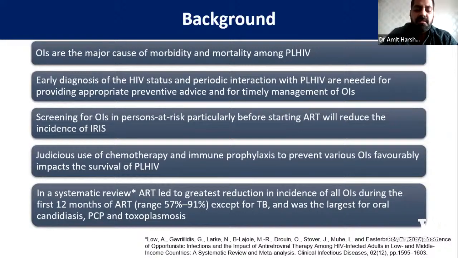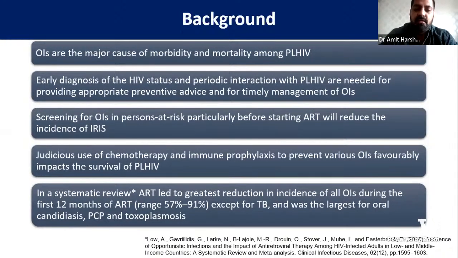And also, it is important to note here that what we have seen over the period of time, looking at the data, is that the mortality pattern is almost getting plateaued, and a lot of push is required to further reduce the trend of mortality. For that, the most important thing is we have to diagnose the opportunistic infections quite early, along with doing all of the other things.